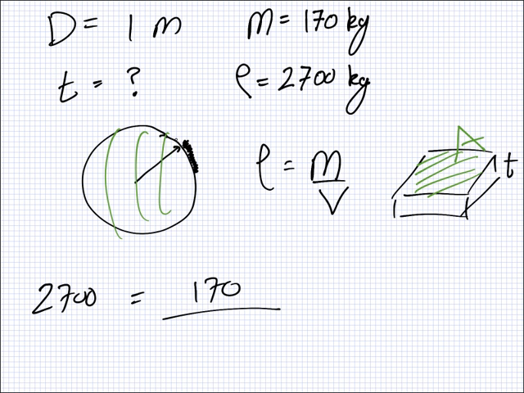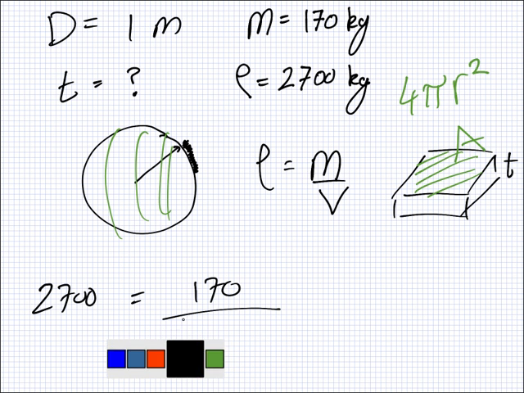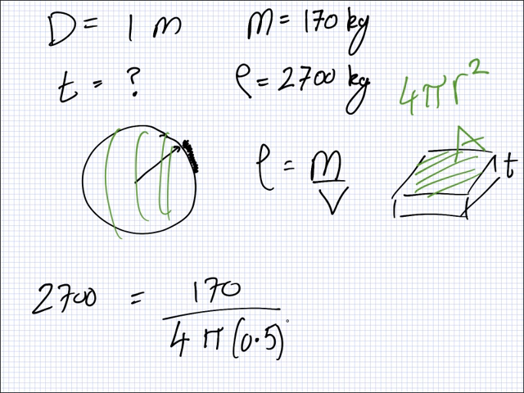It'll be this area, which is 4 pi r squared. Oh, I guess this isn't so bad. This will be 4 pi 0.5 squared t. Okay, that's okay. So t is 170 over 2700 times 4 pi.